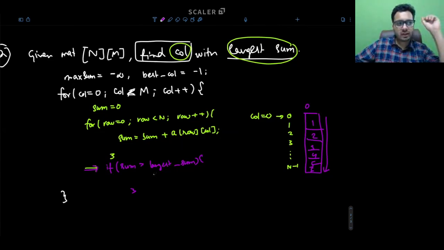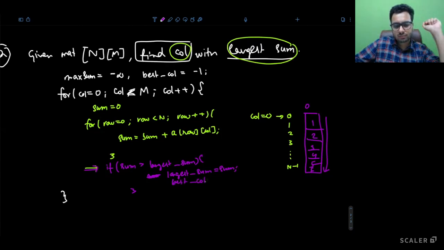My largest sum is now equal to sum, and my best column is this column. So this is what I do.